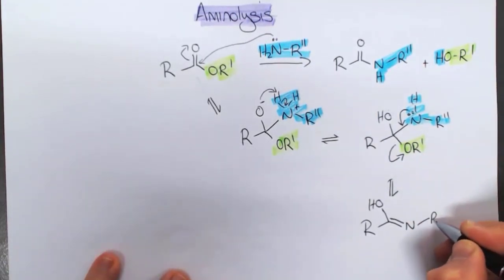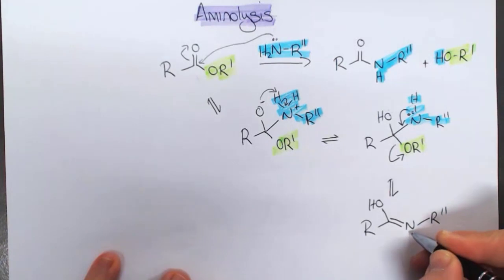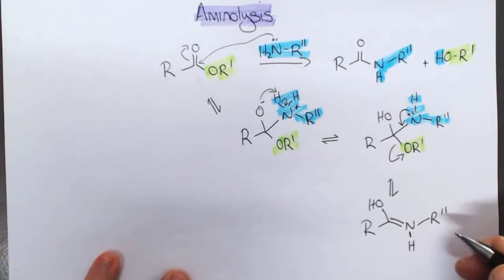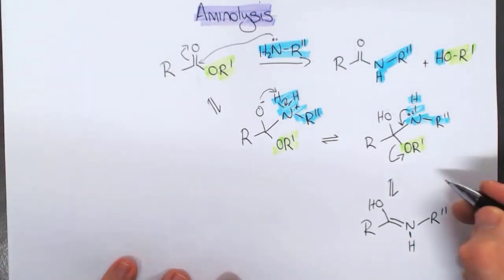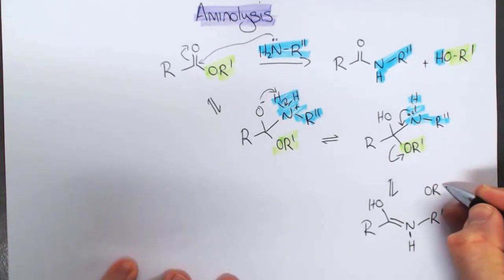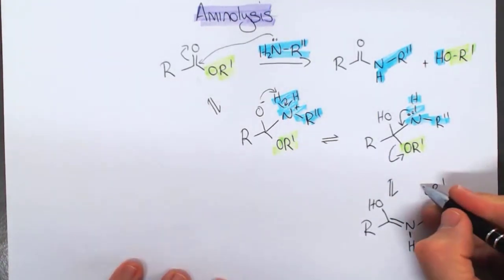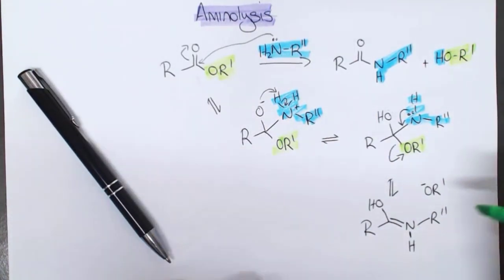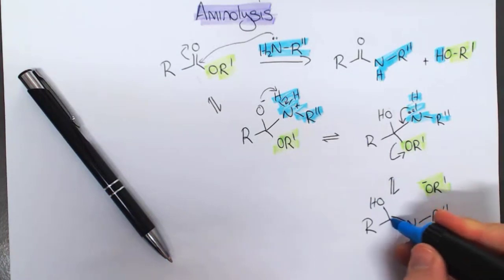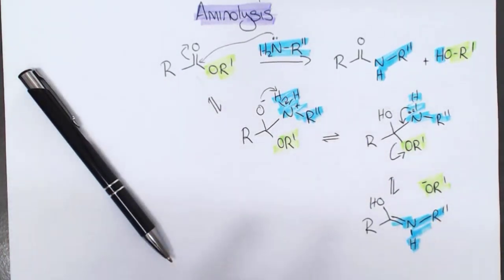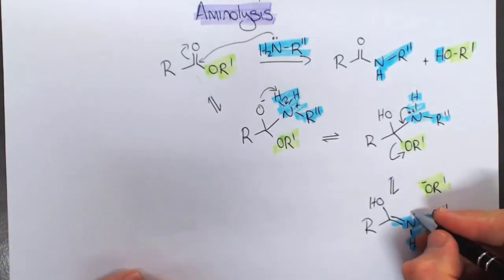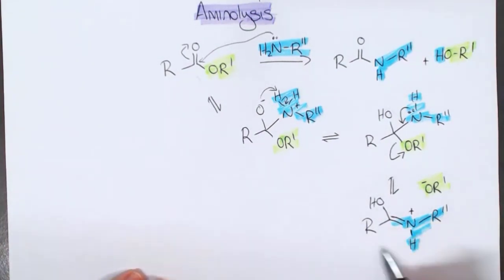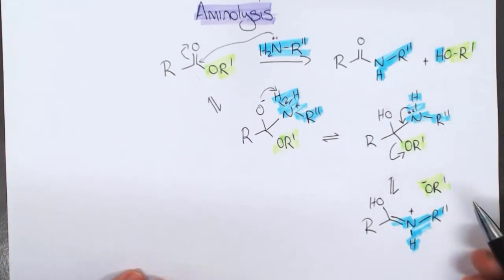We've got the R'', and we've got that H that has remained at that point over there. And we also kicked out the OR' minus. Okay, so now if we look at that, I've forgotten something, which is the positive charge on the nitrogen.